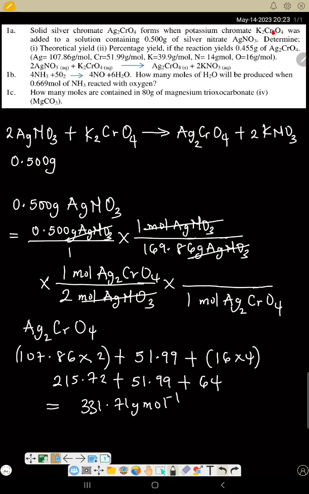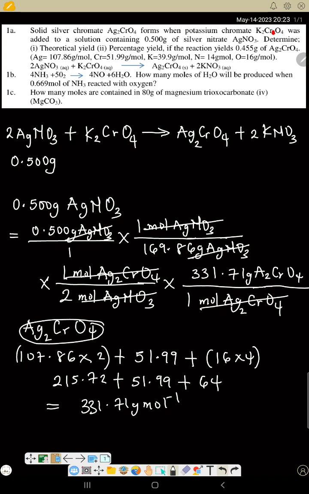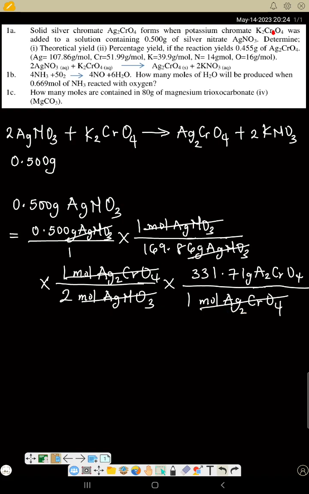Now this means 1 mole of silver chromate will give us 331.71 gram of silver chromate. So that mole of silver chromate will cancel mole of silver chromate. So we are done with our conversion, because I have converted gram of silver nitrate to gram of silver chromate.